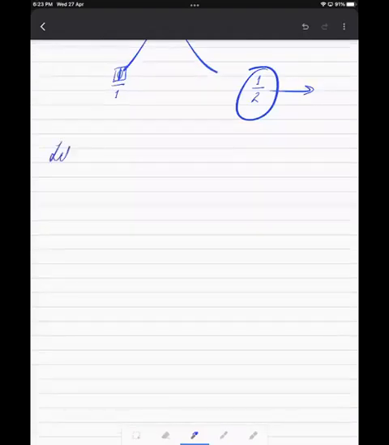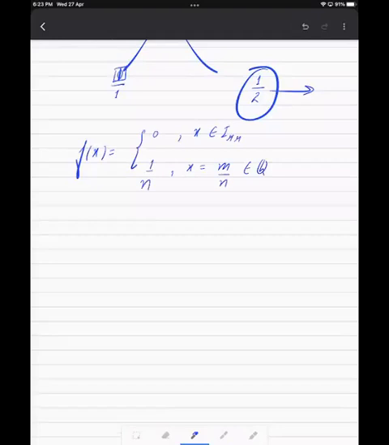Let the function, I'm going to write the function again here. The function was 0 for x irrational, and for m by n, that is rational, it is 1 by n. So let b be irrational.